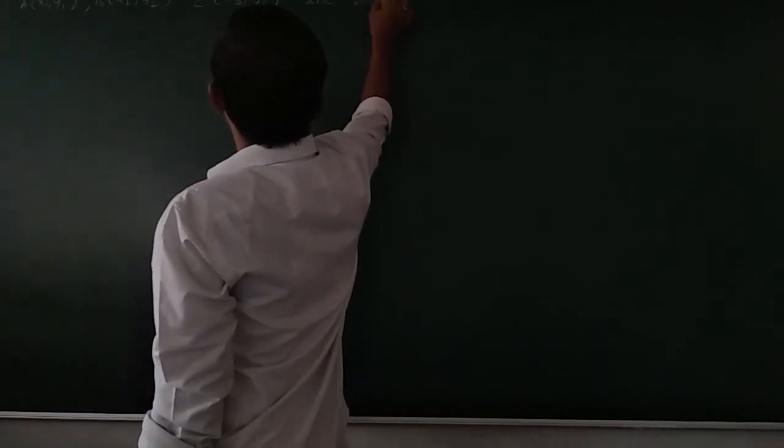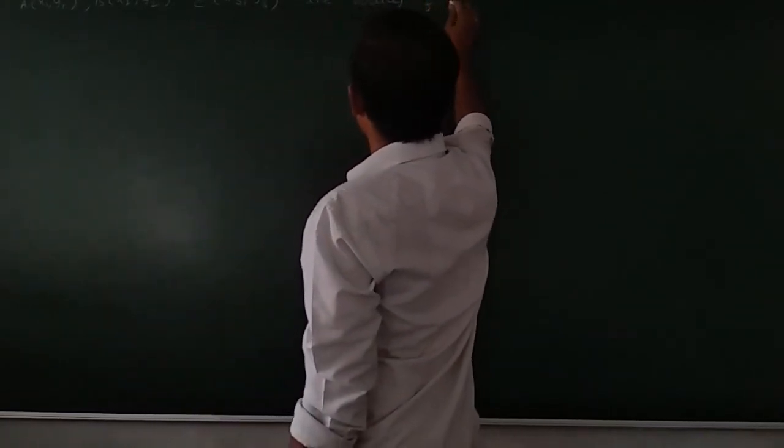Suppose A(x1, y1), B(x2, y2), C(x3, y3) are the vertices of a triangle.